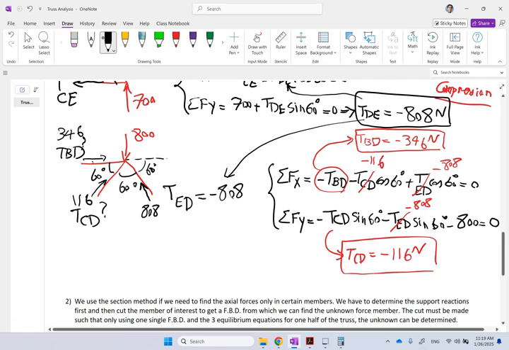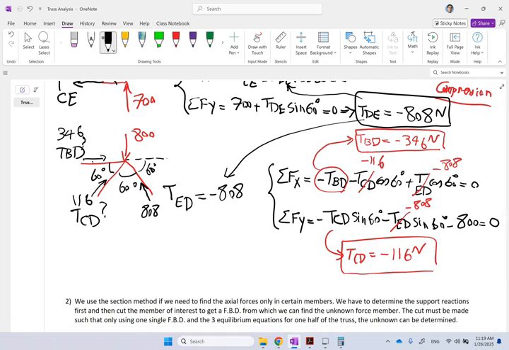Okay, clearly 808 and 116 together, their sine components should be able to cancel 800, so that does make sense. And then 346 plus 116 cosine 60 should be able to cancel 808 cosine 60, because this is bigger than those two.